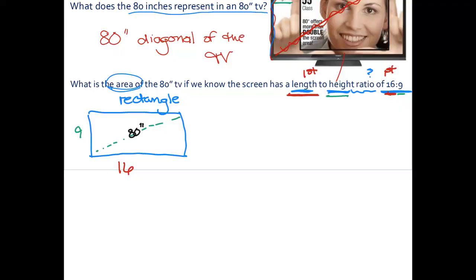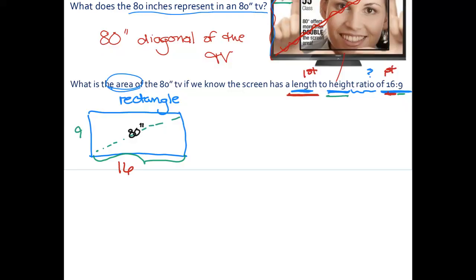So how could I find what these lengths actually are? If it is a multiple of 16 and 9, how could I represent this actual length right here? And I want to use 16, and I know it's a multiple of 16.